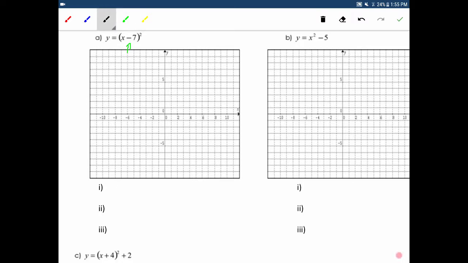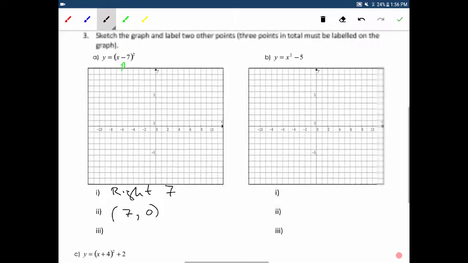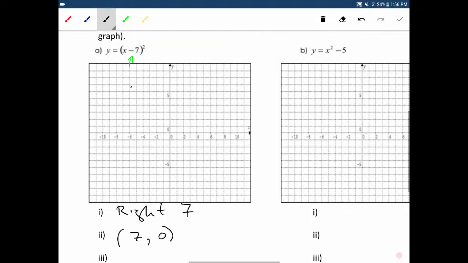And so because that's a minus, we're going to go to the right by 7. And so what this does is this moves our vertex, which remember our vertex starts at 0, 0. It's going to move to the right 7, so it's going to be 7, 0. Okay? And then for part 3, we're just going to draw it on the graph.